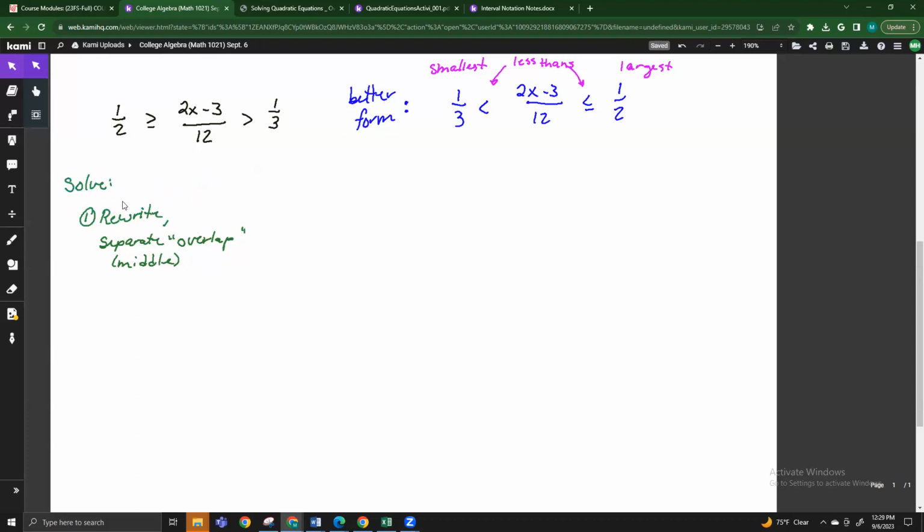All right. So when I'm rewriting this, that just means I'm going to have the 1/3 is less than 2x minus 3 over 12. And I'm also going to have 2x minus 3 over 12 is less than or equal to 1/2.